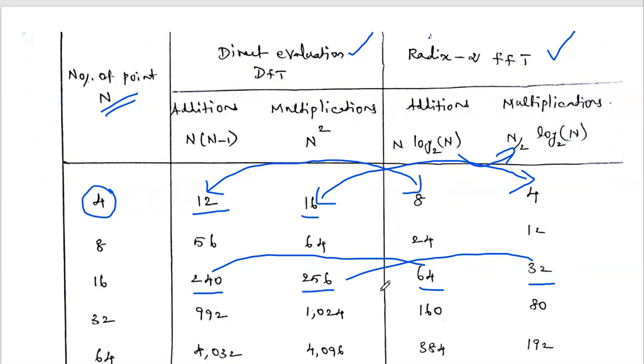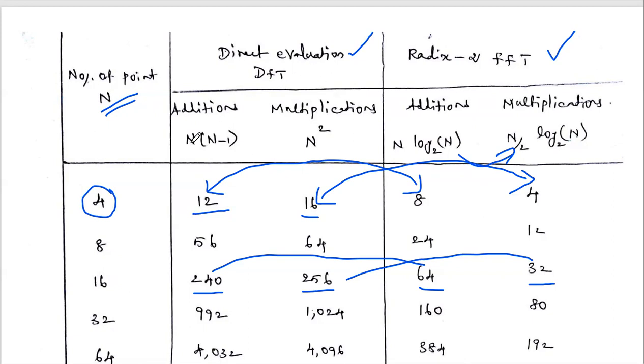You have to write like this. For a 16-point DFT, the number of additions in direct evaluation is 240. Just remember this formula.